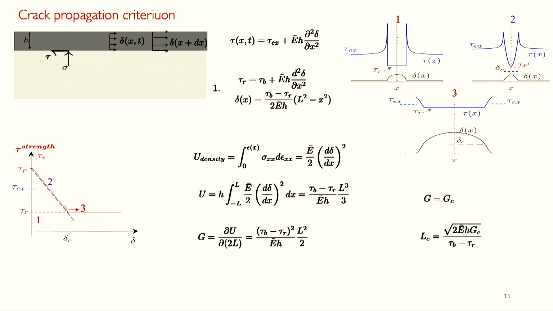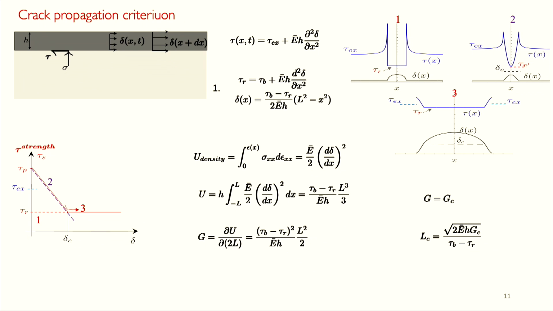The point is the bulk can send energy if there is a crack available, and when the crack grows, that energy is expended to increase the surface length or surface area. That calculation we can do. It's just energy expended at the whole crack of length L. So we get this formula, and suppose we know what G sub C is, the fracture energy here. Then we can get the critical length after which a crack can propagate, formulated through the one parameter G sub C.